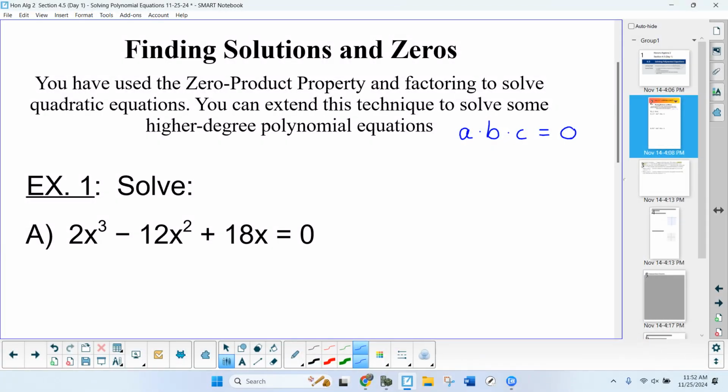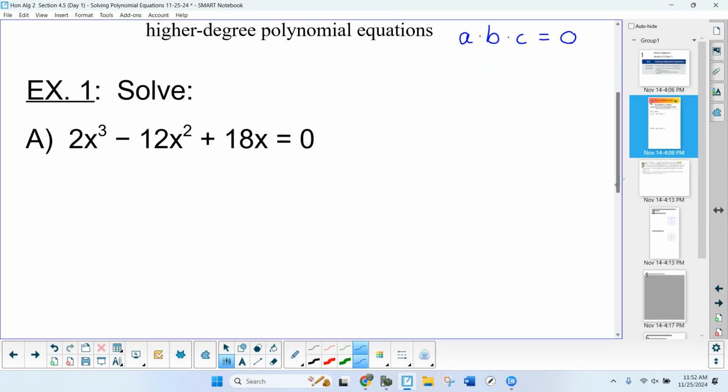As you look at example 1, read the directions. The directions say to solve. We are going to solve, and the method we're going to start with is factoring. What is my first rule of factoring that I can apply to this big polynomial? GCF. Do you have a GCF?